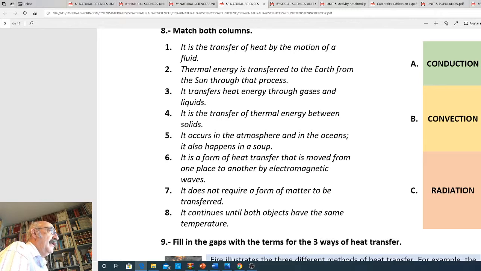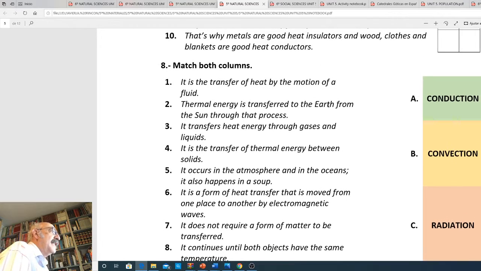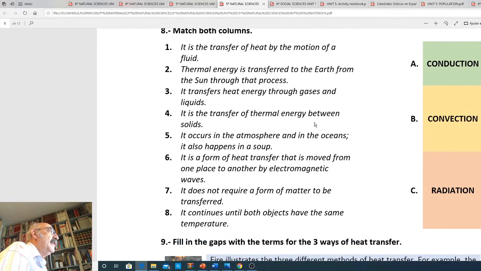So 3 is, in this case, convection. Let's move to number 4. It is the transfer of thermal energy between solids. So they need to be in contact between them. Conduction, convection, radiation? Yes, conduction. Conduction is the way of transferring heat by the touch.